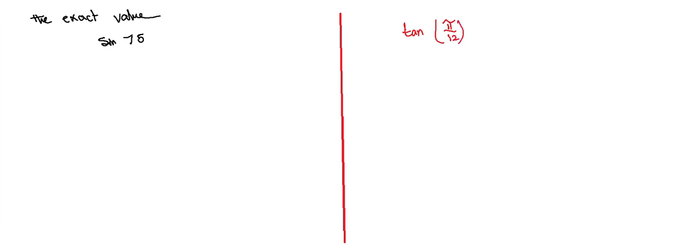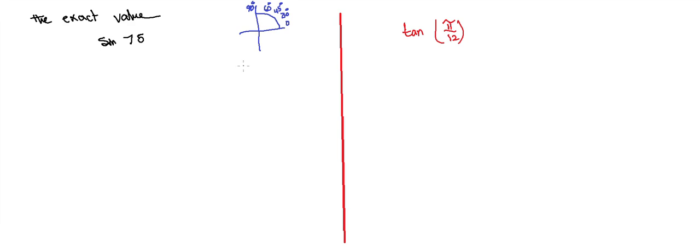So if you want to apply this, think about it: these are not common angles. Based on the unit circle that you've learned, there's 0, 30, 45, 60 and 90. So I want 75. I'm going to ask myself, what is 75 basically?